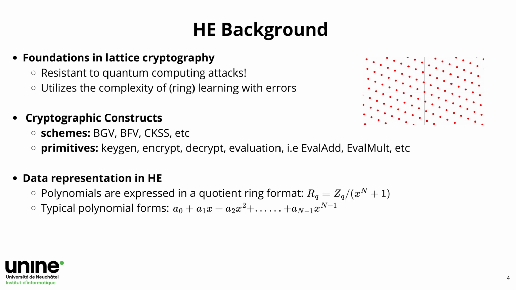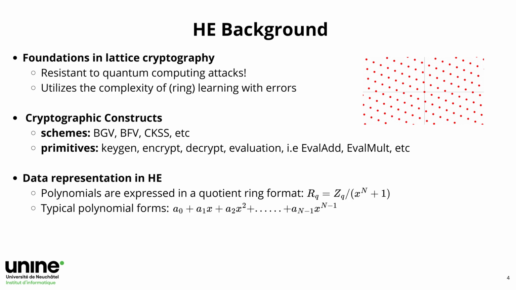They all have similar primitives, such as generating the keys, and the normal primitives that we have for most encryption algorithms, that is encryption and decryption. Most importantly for homomorphic encryption is the evaluation phase, which includes eval add, eval rotate, and eval multiplication.